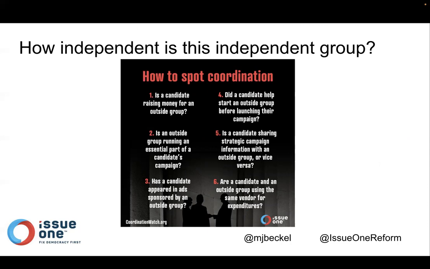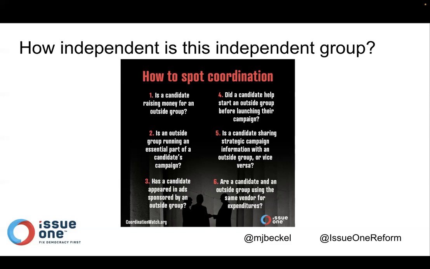So coordinationwatch.org was a project that we ran a couple of years ago that really detailed all the different ways that groups have been pushing the envelope in this post-Citizens United world. Some key questions that you might want to keep in mind in the campaign season: is a political candidate raising money for an outside group?